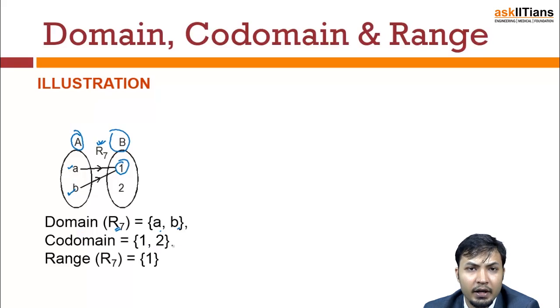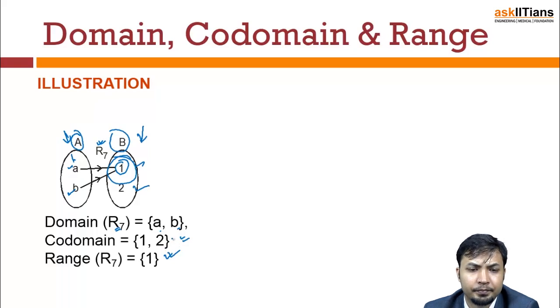Codomain is 1 and 2, that is these two values, and the range is just this value. So this is how we differentiate all three of them. Have a look again. All the elements in A are my domain, all the elements in B become my codomain, and the outputs based on that are my range.